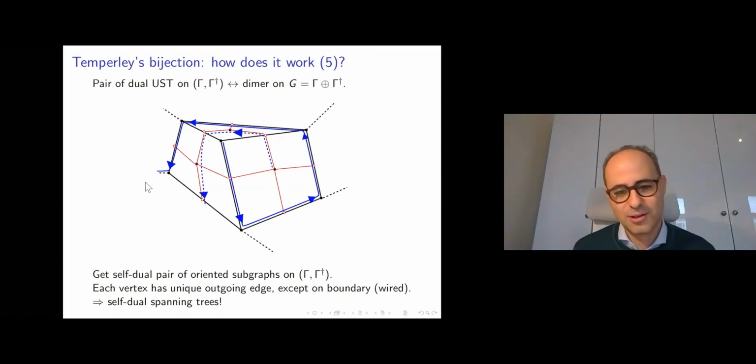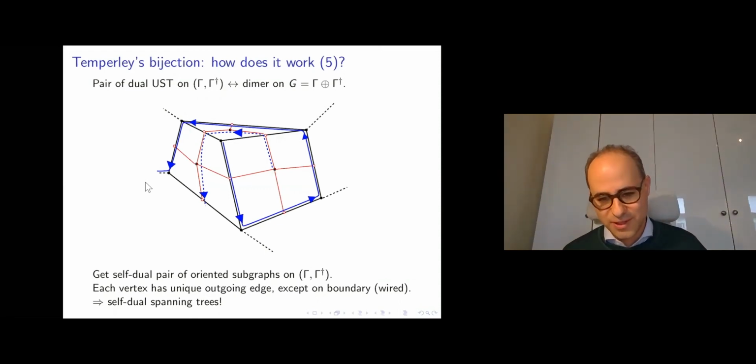In fact, they can really be forests depending on boundary conditions basically. They're spanning trees in the sense that they're wired. If you wire the boundary, then they really become trees. So okay, it's a detail that I would prefer not to think too much about.